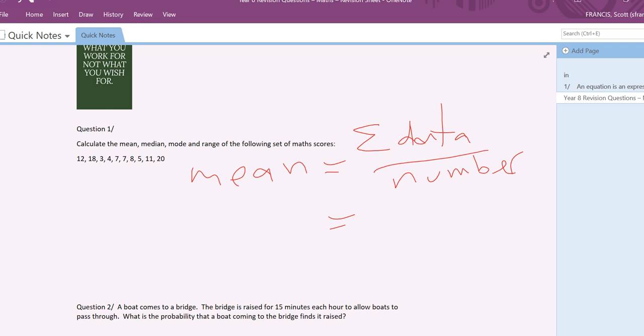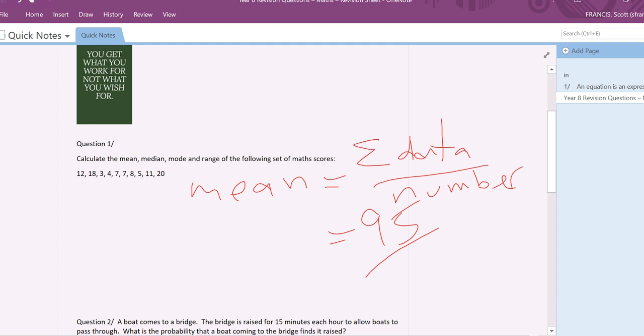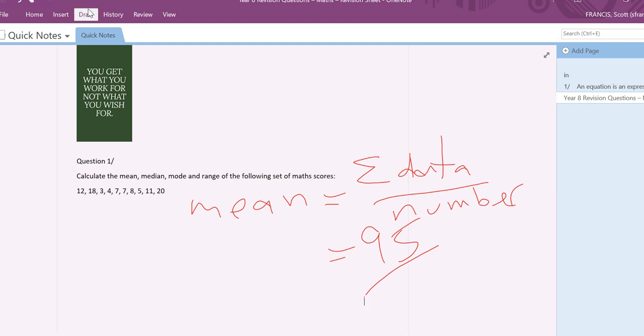So when we add all the data up, we get 95. And the number of different data points, if we count, we've got 1, 2, 3, 4, 5, 6, 7, 8, 9, 10. 95 divided by 10. So our mean is going to equal 9.5.